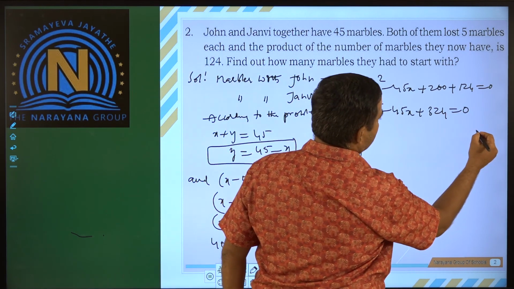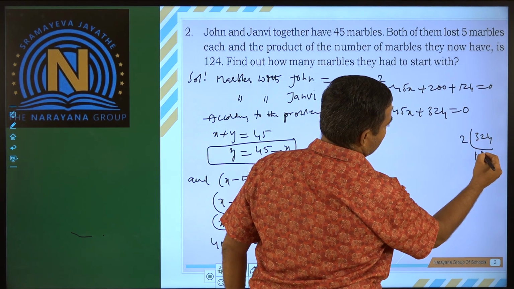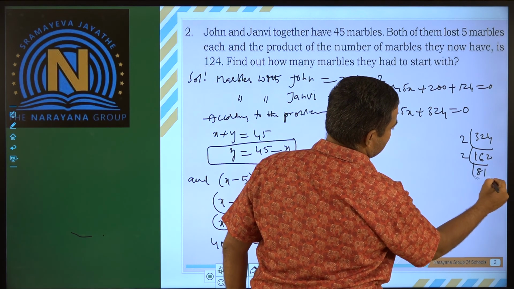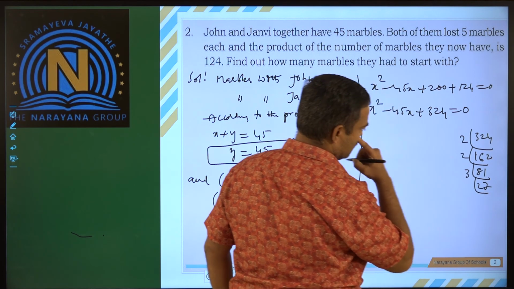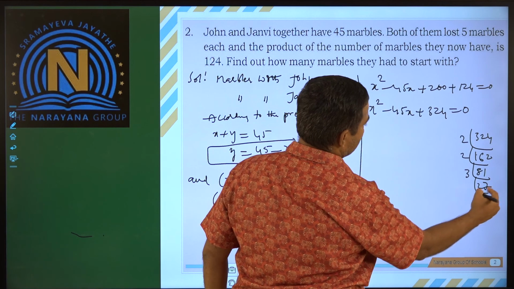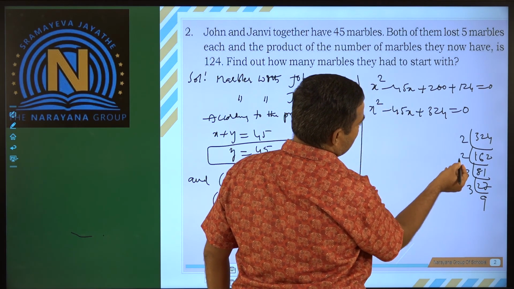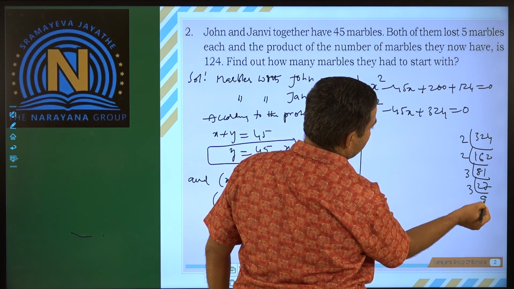Here, factorize 324. 2 ones are 2, 2 sixes are 12, 2 twos, next 2 eights, 4 fours, 3 twelves, 4 nines are 36, here minus 9.